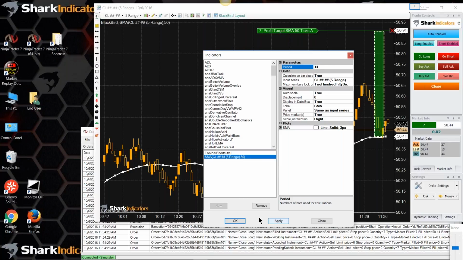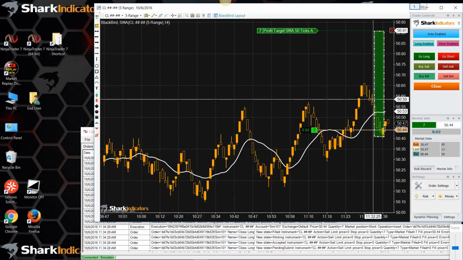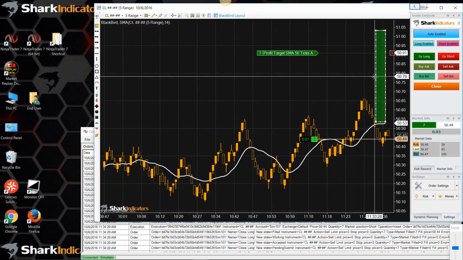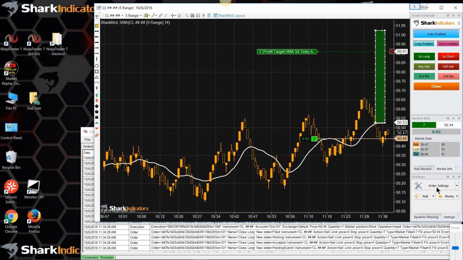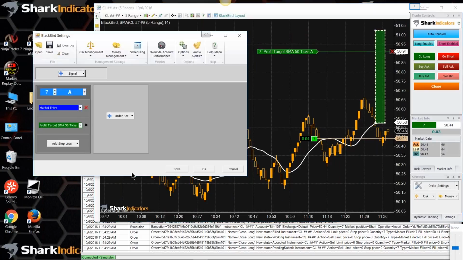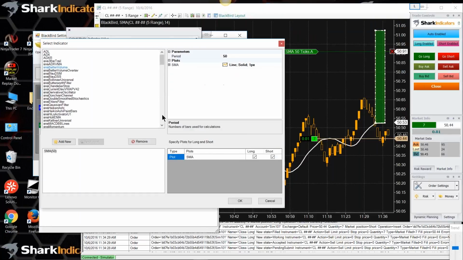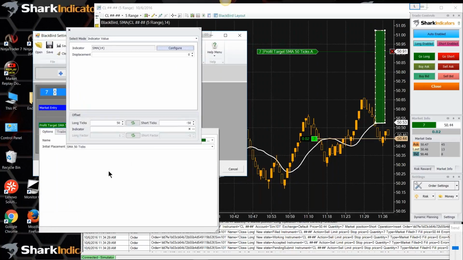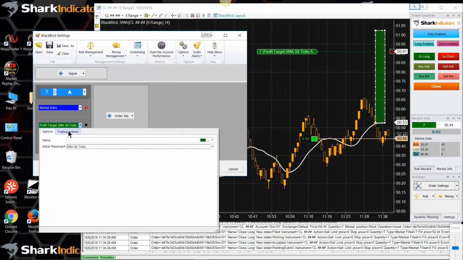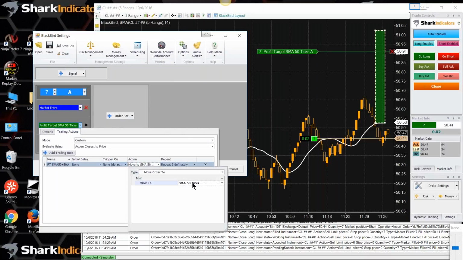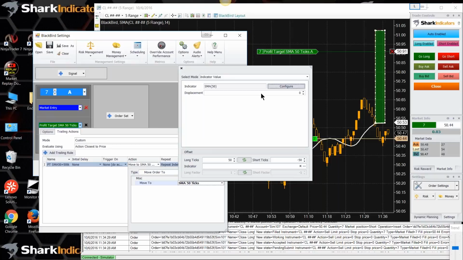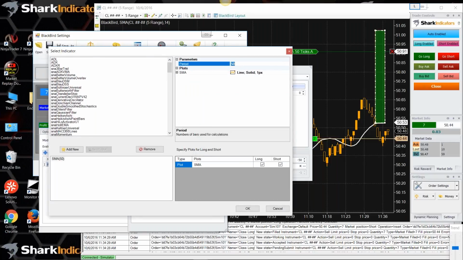Let me set it back to an SMA 14, because that SMA 14 moves around a lot faster, doesn't it? So let me just kind of go through, change everything again real fast here. All right, SMA 14. Let's go to our trailing rule. And I'm just going to switch this to an SMA 14 real fast as well.